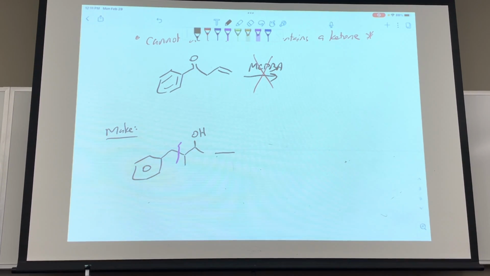So using these epoxides in Grignards, I could make that alcohol simply by doing a Grignard between toluene and reacting that with that epoxide.